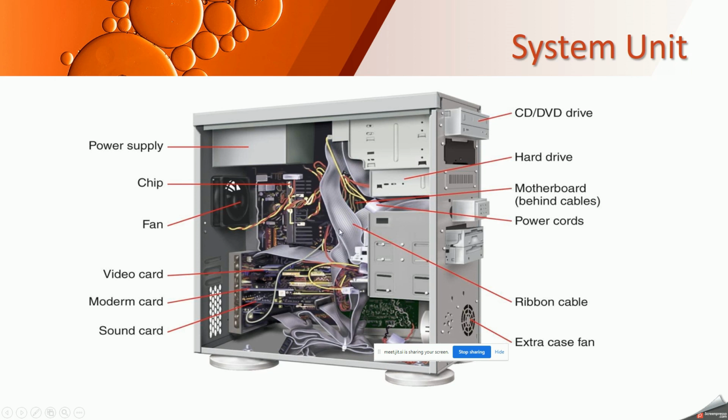Motherboard, this printed circuit board which you can see, contains all the different slots where different other devices, different other chips are fit. Like your RAM chip, sound card, graphic card, LAN card, all those things are fit. Like you can see video card, modem card, sound card, all fit in slots present on your motherboard.